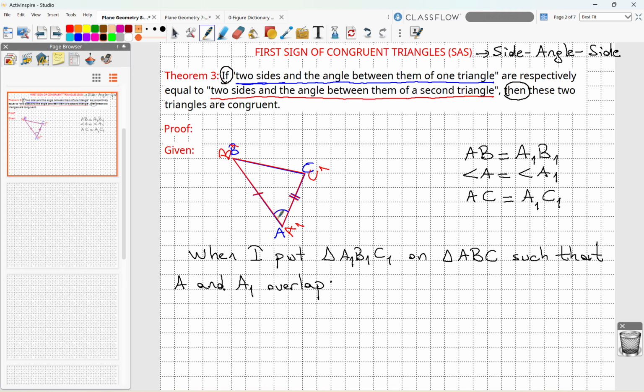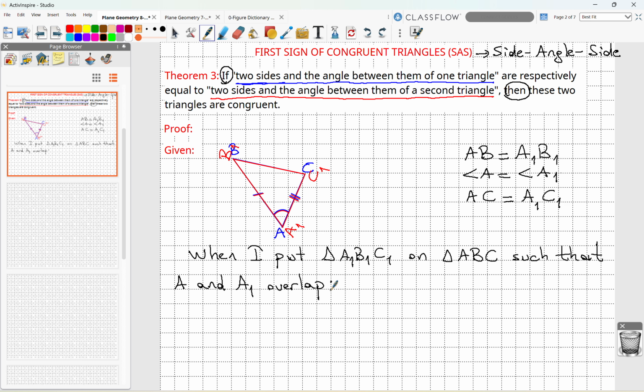what do I see? Since angle A and angle A1 are equal, I can understand that the side AB of the first triangle and the side A1B1, remember, the corresponding side of the second triangle is A1B1, they fall onto each other, right? So I'm writing it.